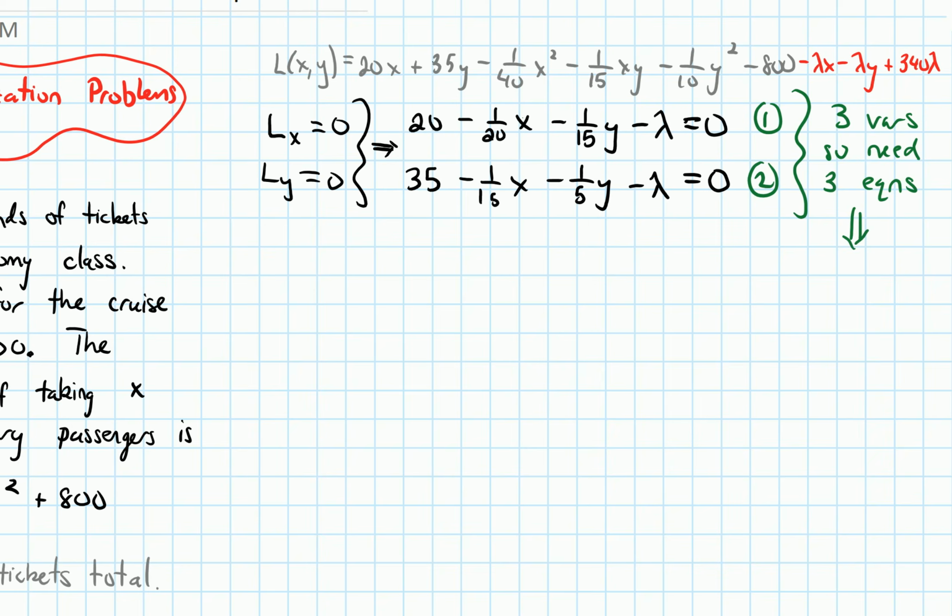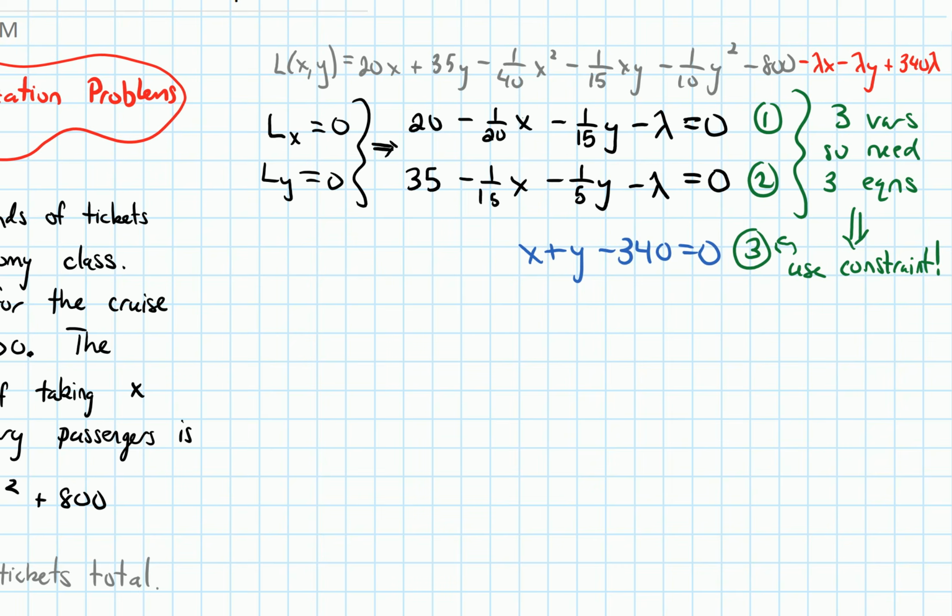It was kind of given to us earlier on in the problem. What we could use, the other equation, was the constraint. So we have to use the constraint to get this missing equation. This is going to be equation number 3. And what was that constraint? It was x plus y minus 340 equals 0.